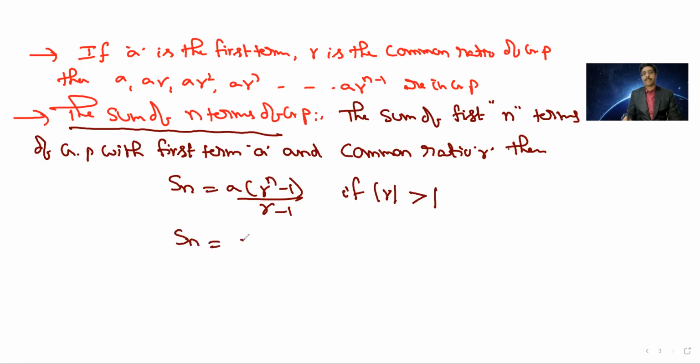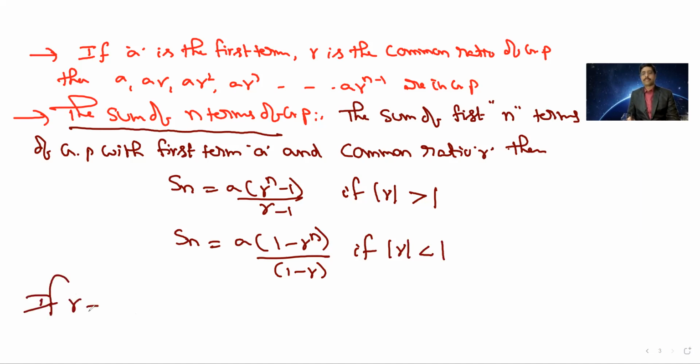Sn is equal to A into 1 minus R power n by 1 minus R, where modulus R is less than 1. If R is equal to 1, Sn is equal to A plus A plus A up to n times, which is Na.